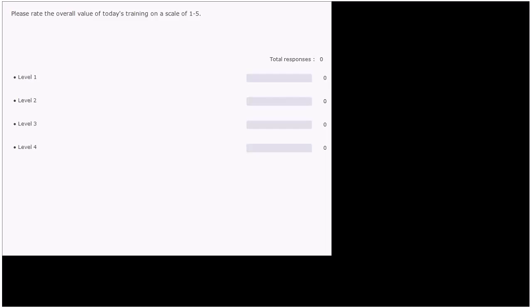Please rate the overall value of today's training on a scale of 1 to 5. What level inquiry? What are we looking for in this one? Are we after content or are we after reaction?